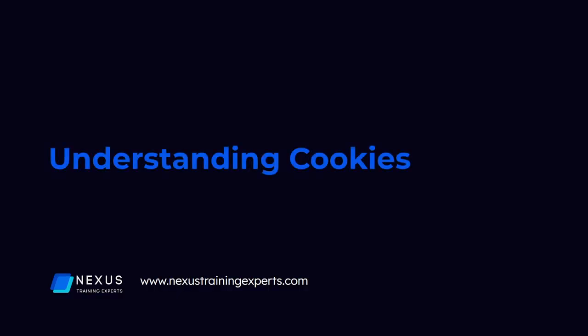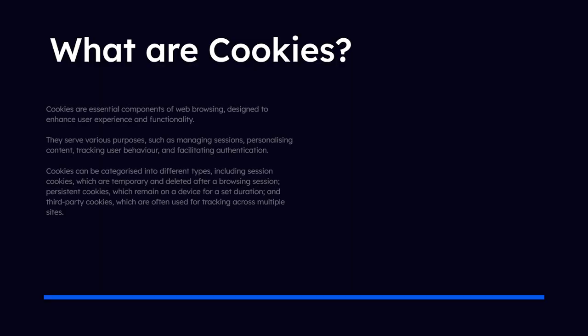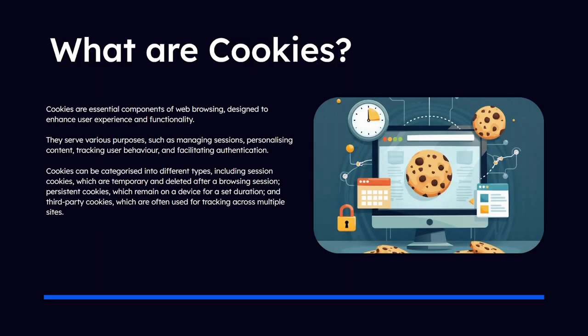So great, we're going to touch on understanding cookies, because how your data is gathered is usually within the cookies. First and foremost, cookies are essential components of web browsing, designed to enhance user experience and functionality. They serve various purposes, such as managing sessions, personalizing content, tracking user behavior, and facilitating authentication.